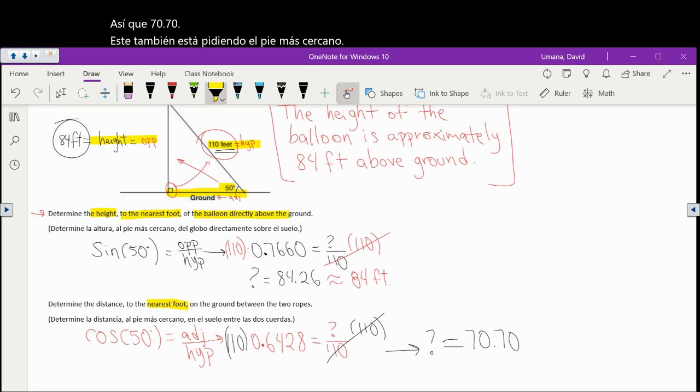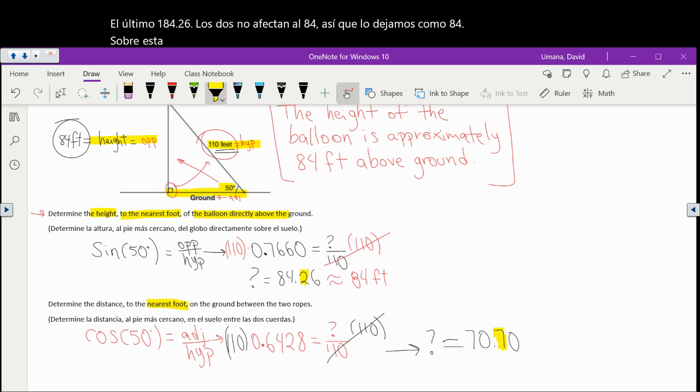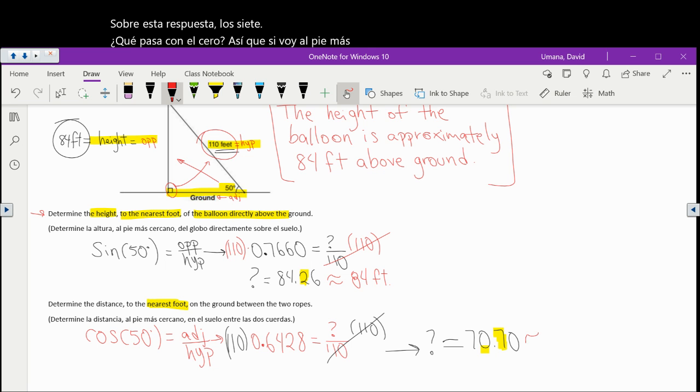Now the last one, 84.26, the 2 doesn't affect the 84, so we just left it as 84. On this answer, the 7 does affect what happens with the 0. So if I go to the nearest foot, all of a sudden, this is approximately 71 feet.